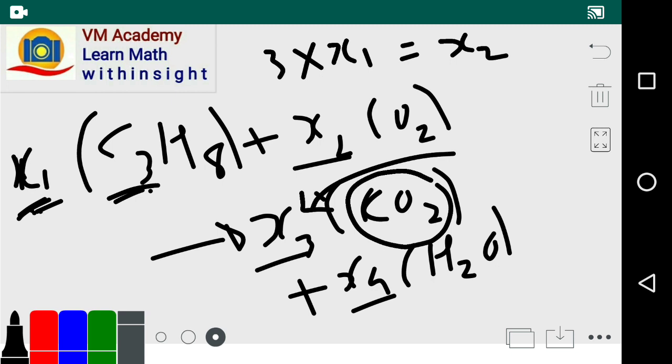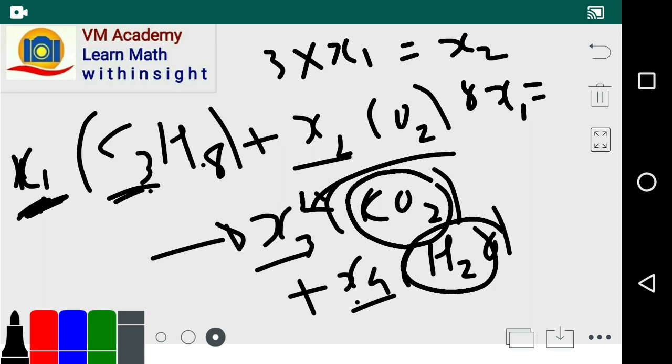And similarly for hydrogen, here C3H8, propane contains 8 hydrogen, and by taking such x1 molecules we get 8x1 on left hand side, friends. And on right hand side water contains 2 hydrogen atoms.